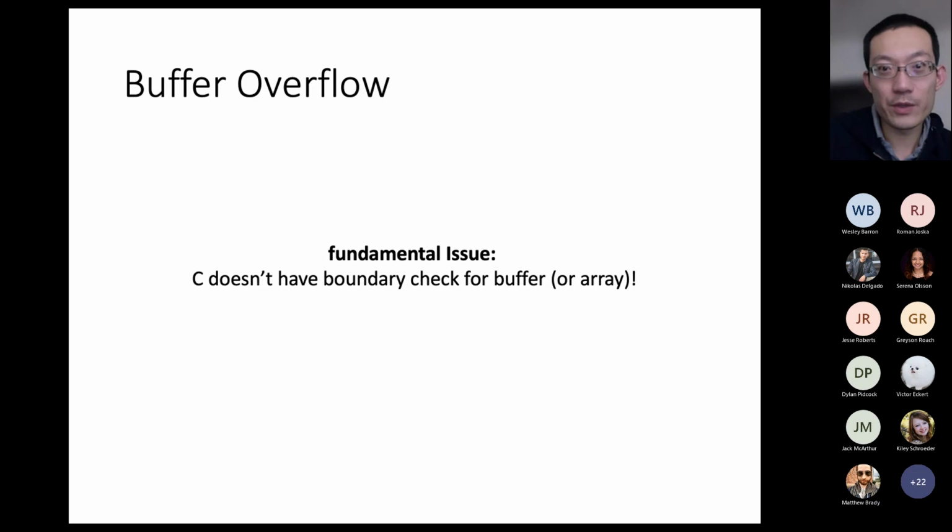We are humans, we make mistakes. We continue to see programmers make mistakes occasionally, and this can be used by attackers. That's why right now we still see buffer overflow issues in C programs. So we need to think about other ways to prevent buffer overflow.